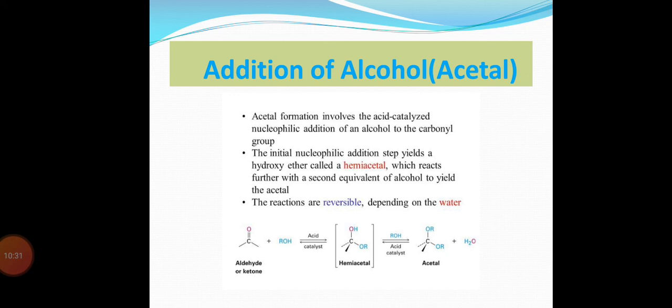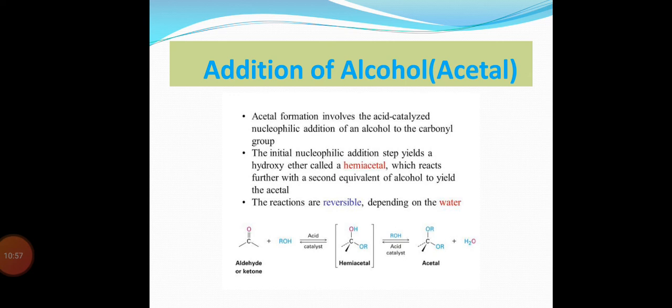If the alcohol reacts with the carbonyl of aldehyde and ketone, then this OR is going to react as a nucleophile and it will attack the carbonyl carbon. We will get an addition product which is highly unstable and its name is a hemiacetal.